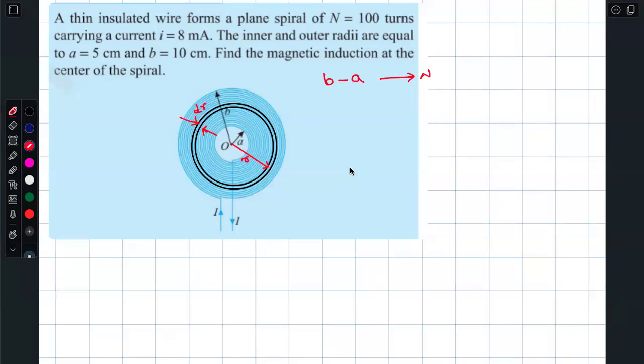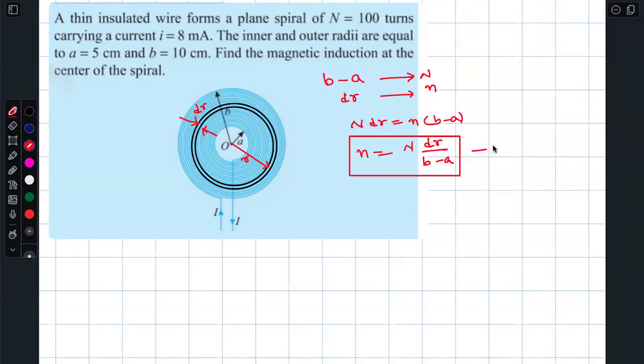So how many turns will be there in a width of dr? Let that be small n. So n times dr is N times b minus a. You know this. n is N times dr by b minus a. This is one observation.